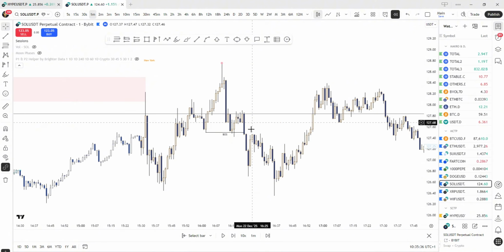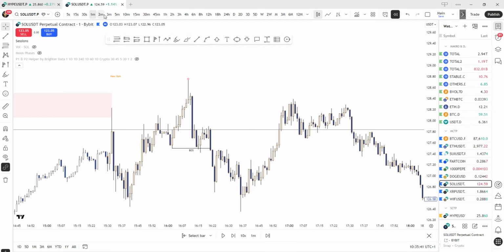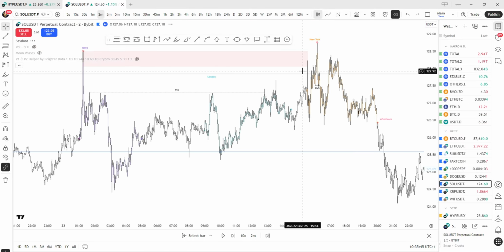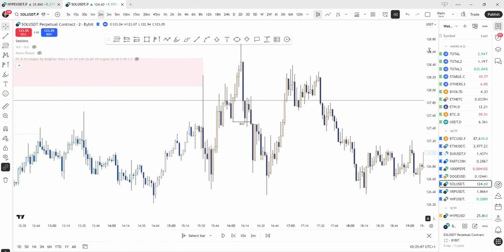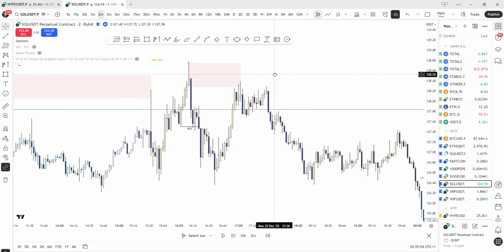So yeah, basically we had here our breakout structure. We went up. We had, if I remember correctly, yeah, we had here a little order block.